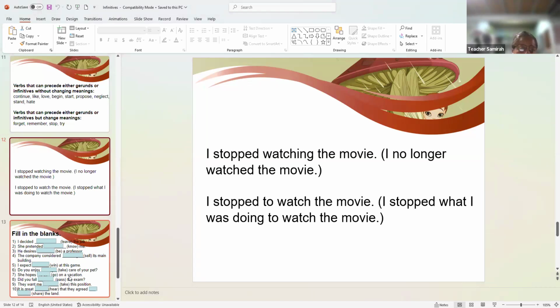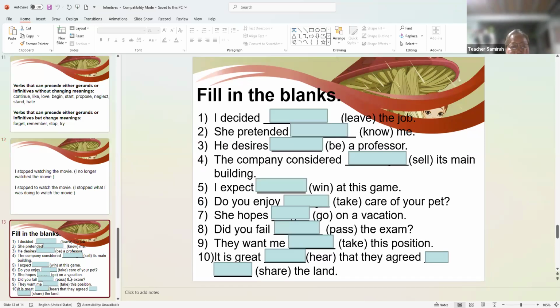The verb we placed before the gerund and the infinitive is the verb stop. Precede means it is written before the gerund or before the infinitive.